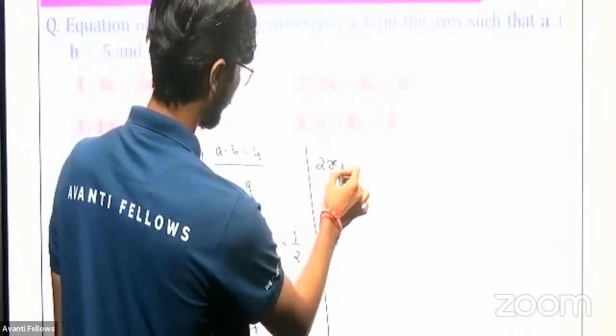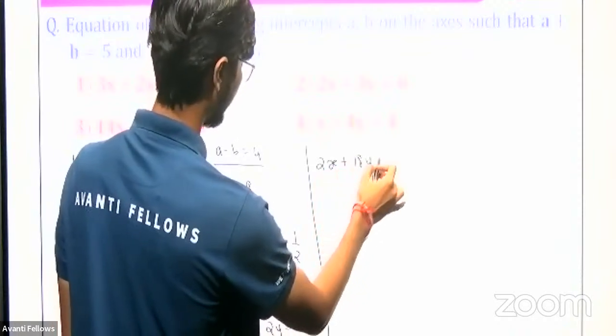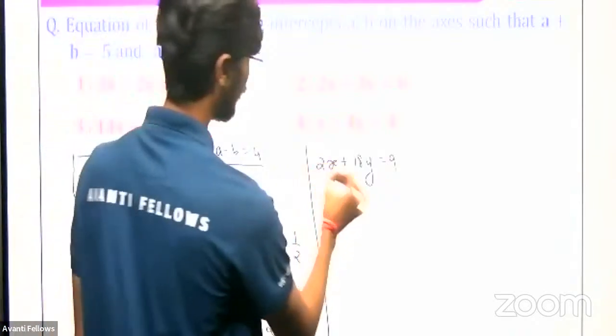So if I take LCM, I'll get 2x upon 9 plus 2y is equal to 1, so 2x plus 18y is equal to 9. Is there any option? No. That means this is not an answer.